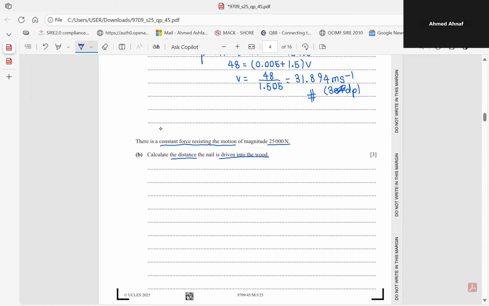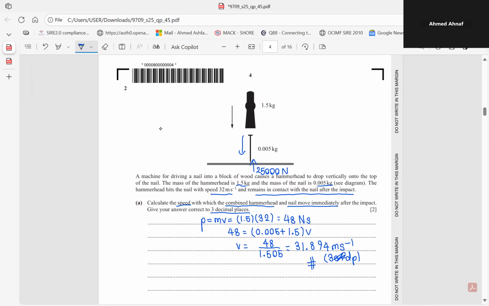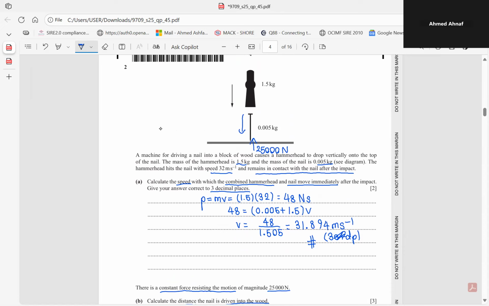Let's calculate the force that the nail delivered.